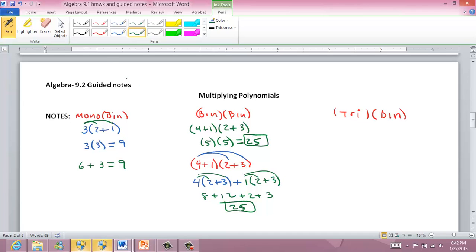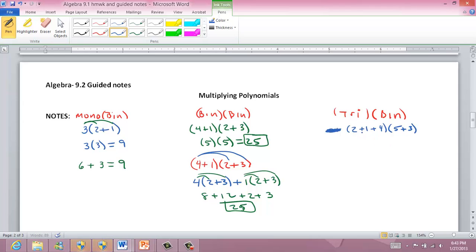Now, same with the trinomial. A trinomial is a polynomial with 3 terms. Let's do (2 plus 1 plus 4) times (5 plus 3).